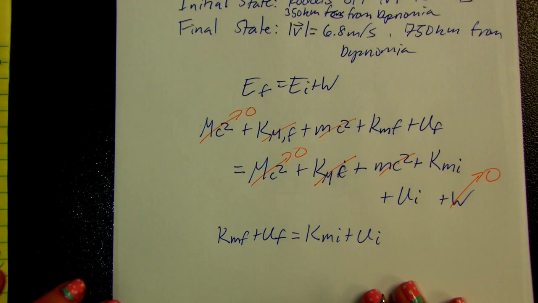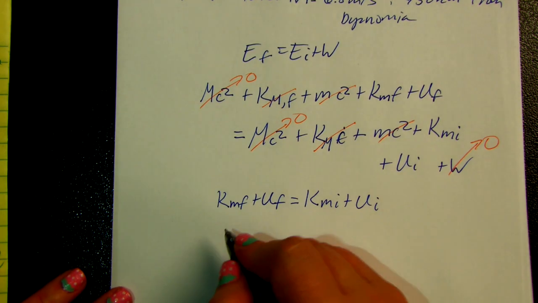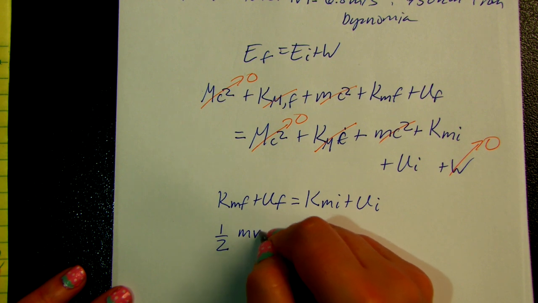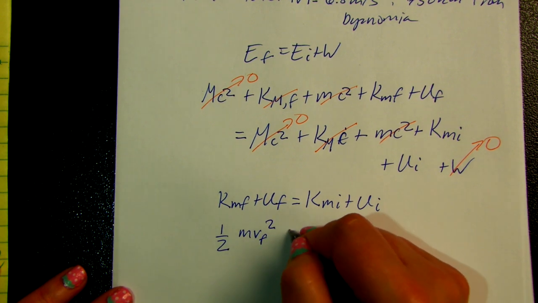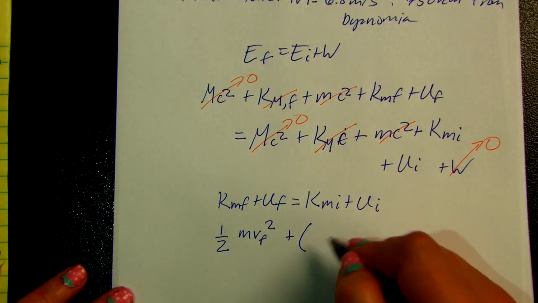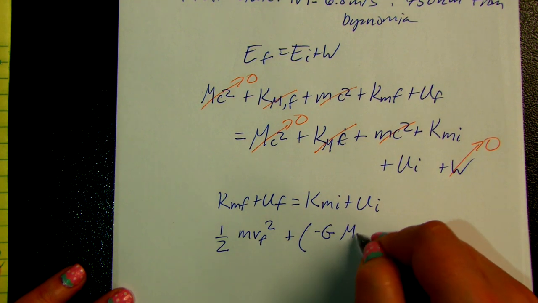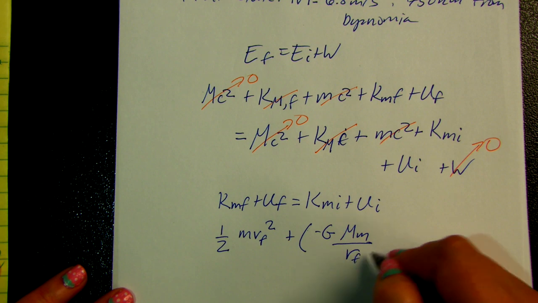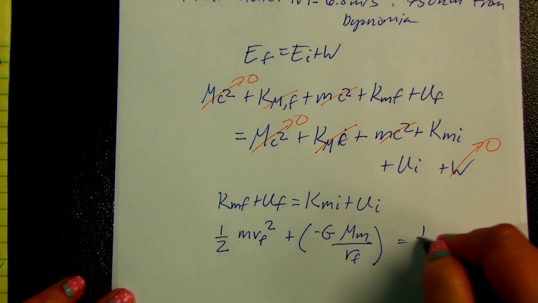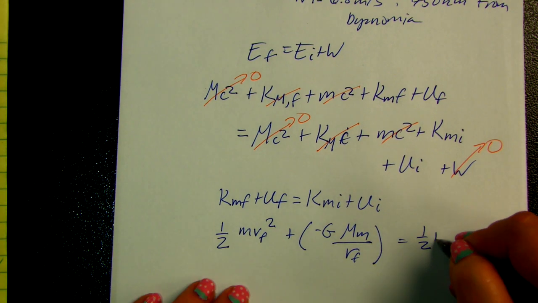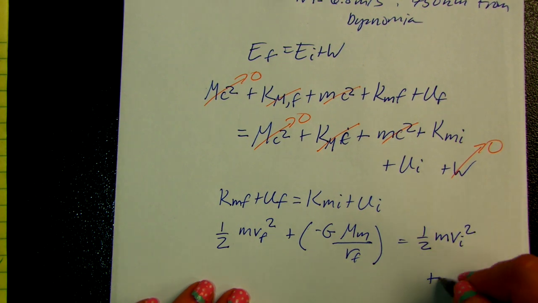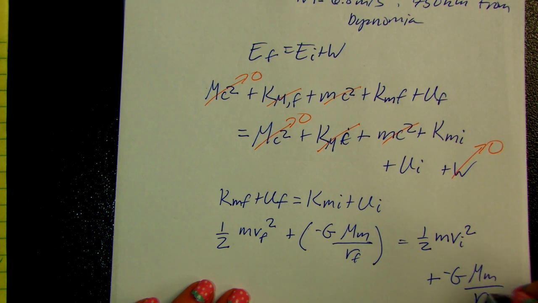And we've got some expressions for that. The kinetic energy is going to be equal to 1/2 the mass of the probe and v final squared. The potential between them is minus G M over the distance final, which is equal to 1/2 little m v initial squared plus minus G M over the initial distance between them.